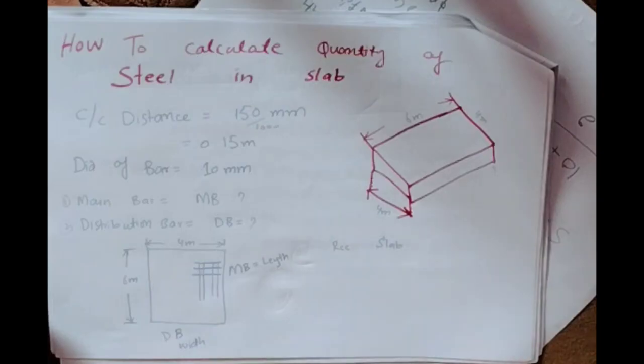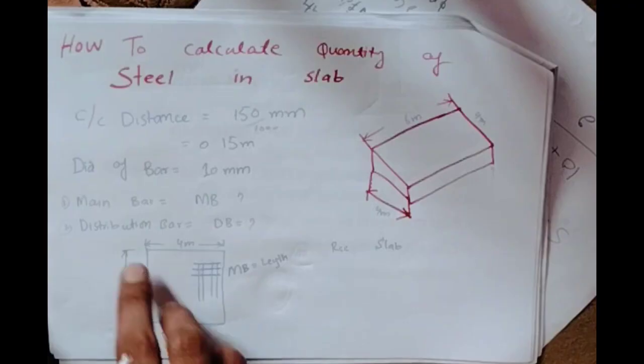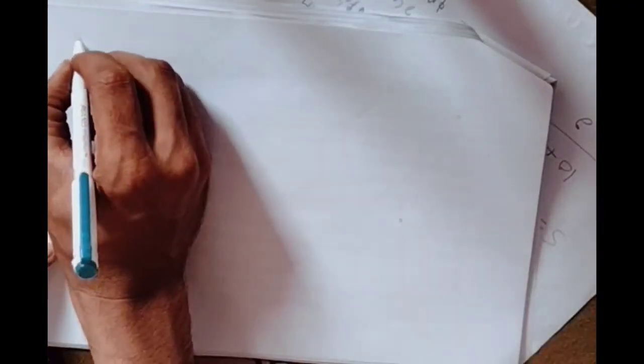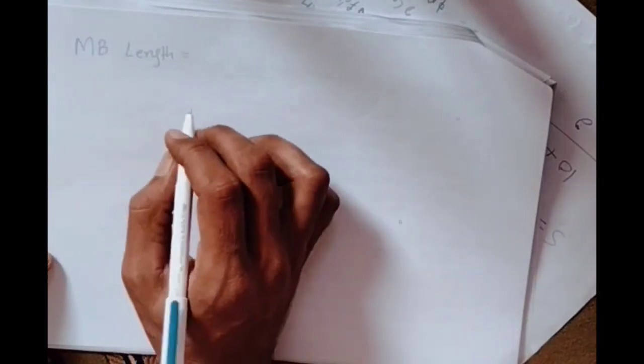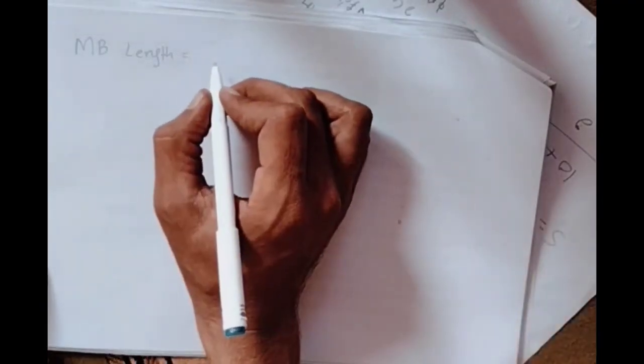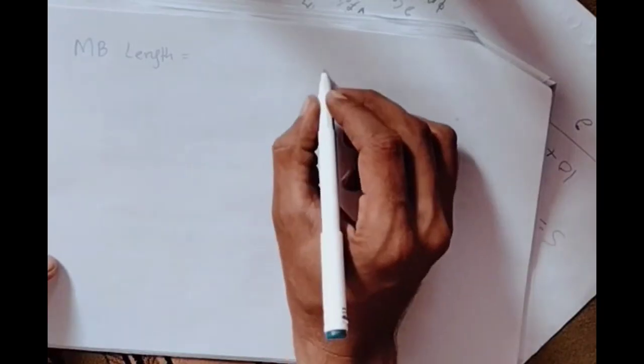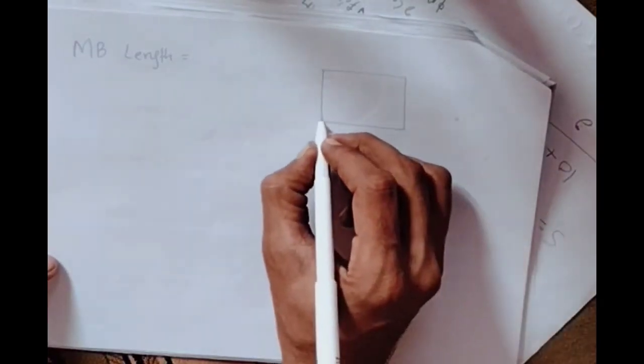Okay, I will draw in the next page. So there is a formula for the calculation of main bar and distribution bar. Here I am writing the formula for main bar length. You can see I draw the sketch.